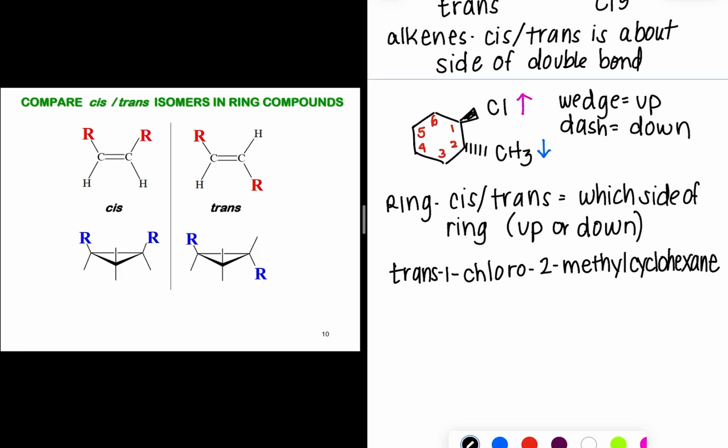If you guys needed me to do this, I'll go ahead and draw a chair structure and then the ring flip just so you guys see this again. I'm going to go ahead and number my carbon atoms. This is 1, this is 2, 3, 4, 5, and 6.